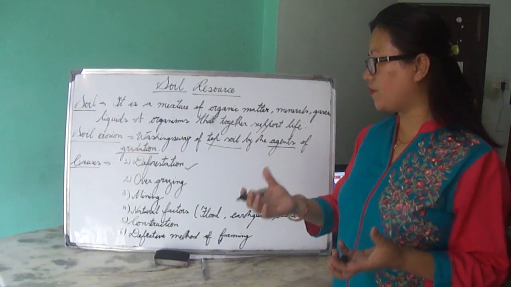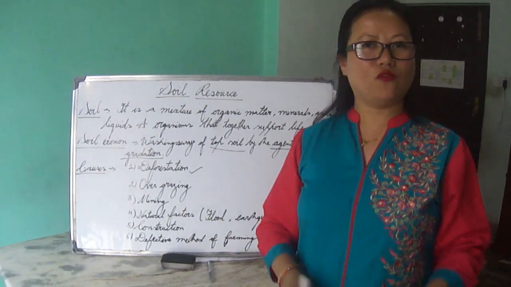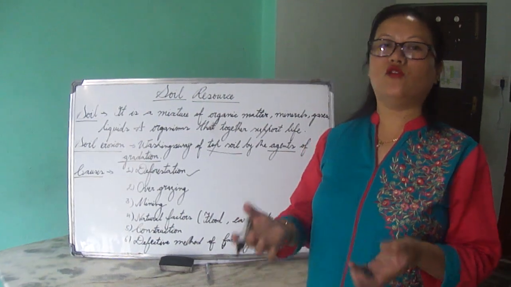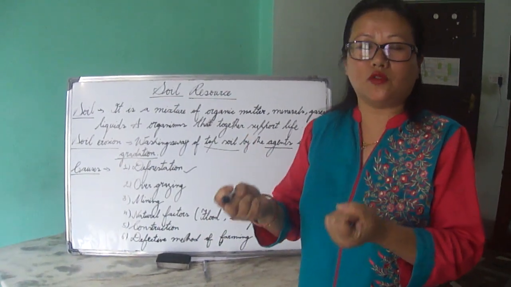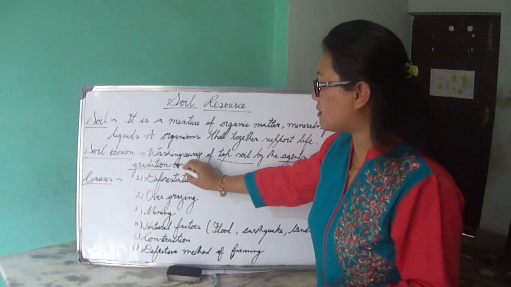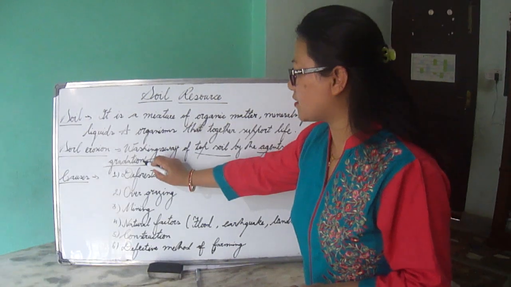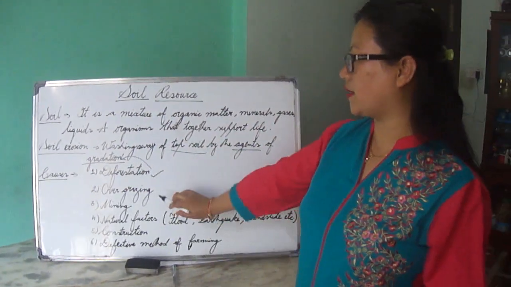If we do deforestation, the land will be barren, there won't be any trees to hold the soil, and it will be very easy for the agents of gradation to cause soil erosion.